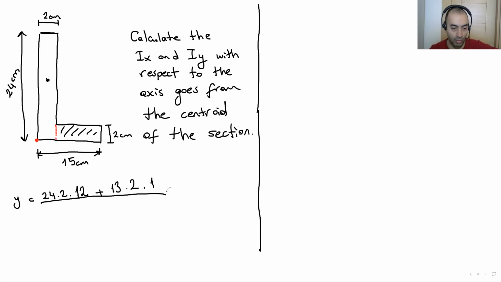Okay. Over here. What? Total area. Total area is plus this one. Okay. This gives us the location of y.